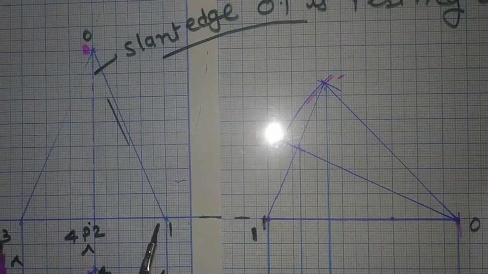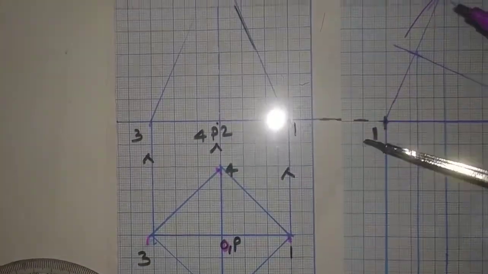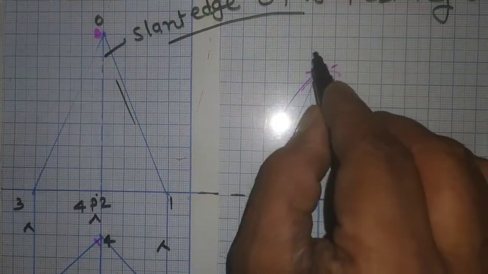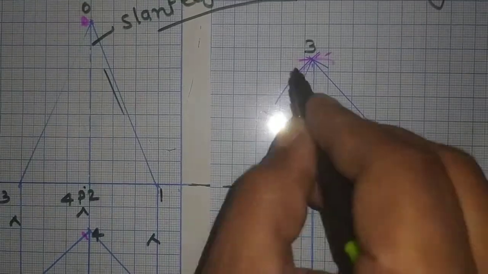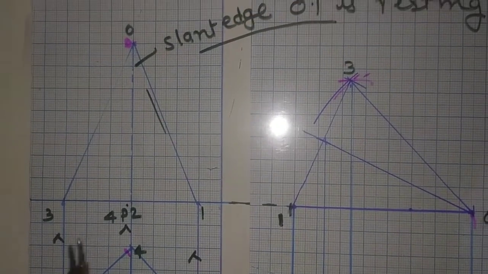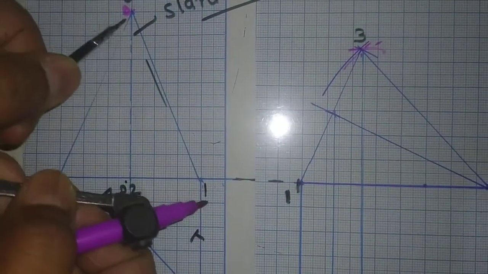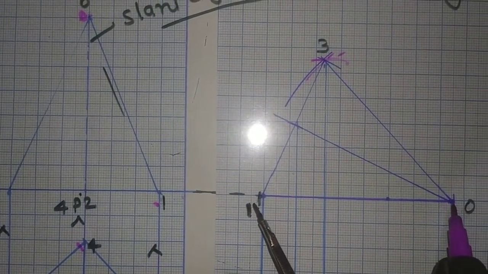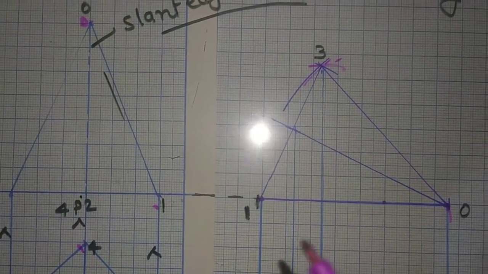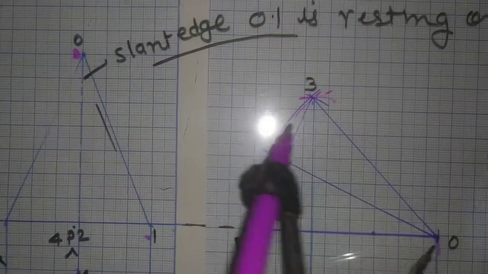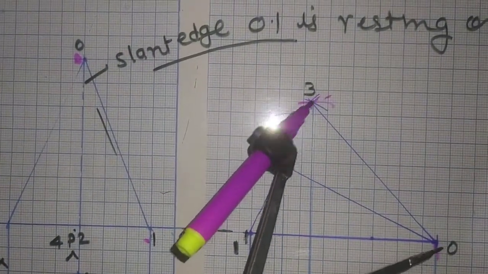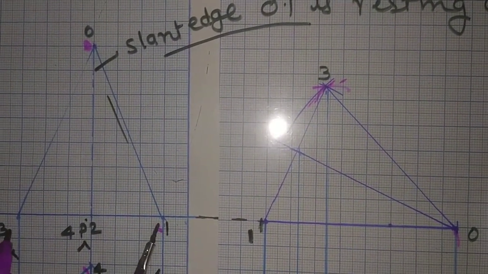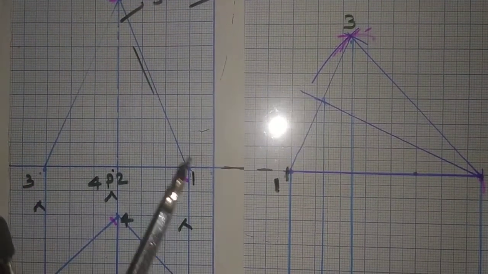Now take the distance 1, 3. Complete the arc. This is the point 3. O3 we completed. How did you complete it? Take distance O1. Here I have marked point 1. Now O1 and O3 are the same. Mark one arc here. Take a distance 1, 3.